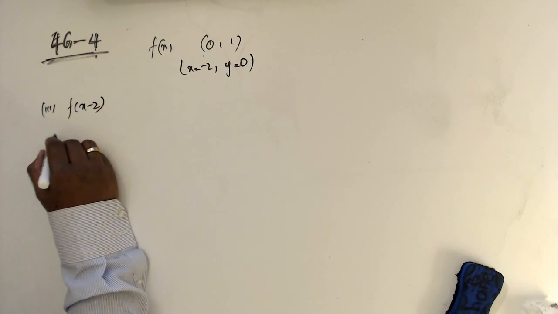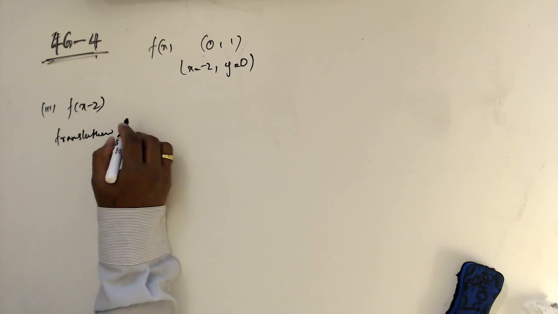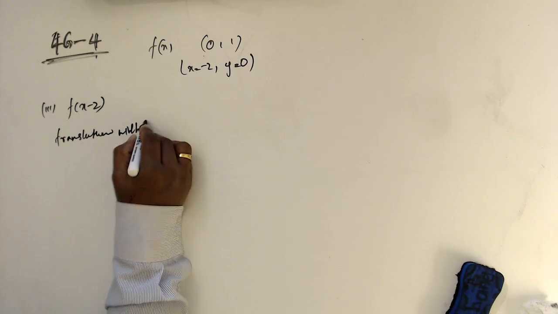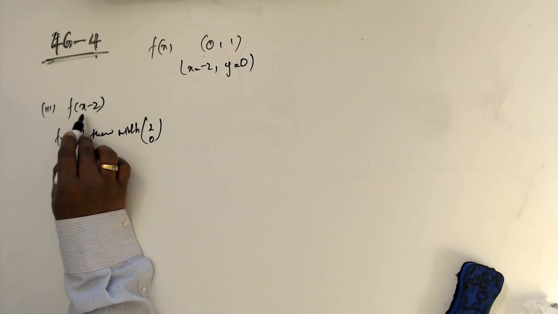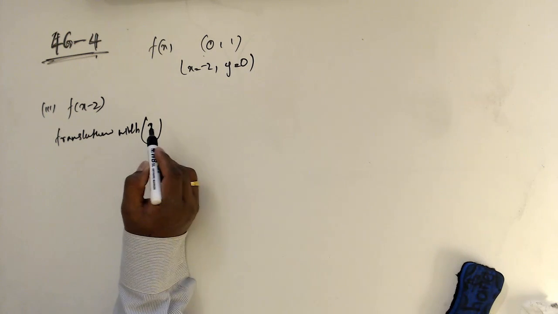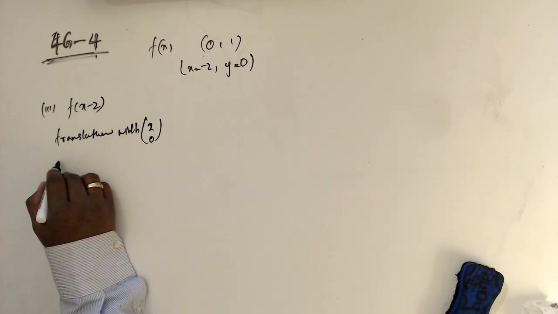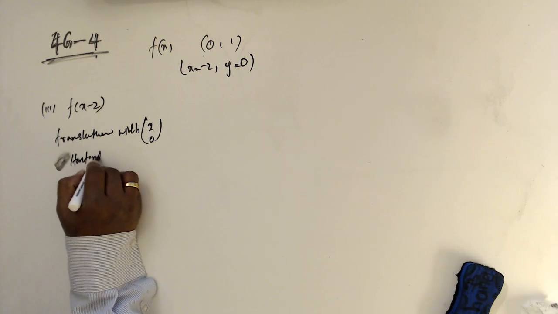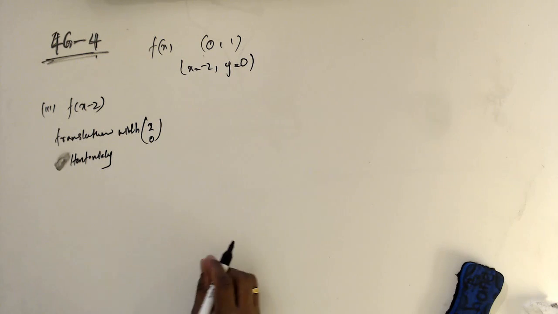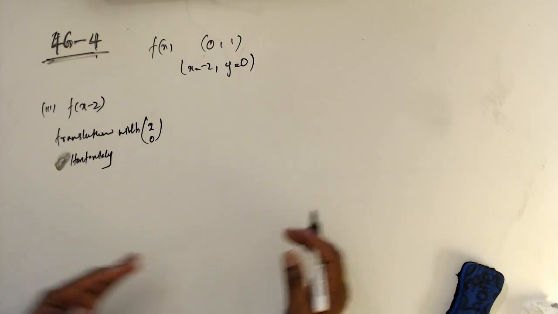Now this is a translation with 2, 0. We know that if it is within the bracket, it affects x. So 2, 0, horizontally. It means we have to shift this whole system by 2.